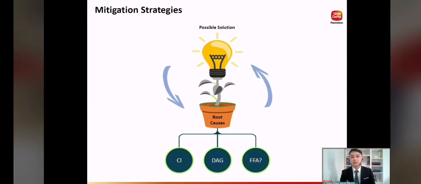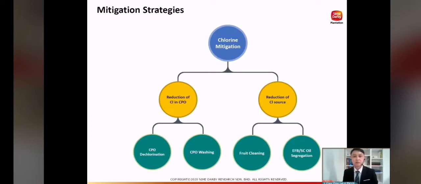To understand the mitigation strategy, first we need to understand the root cause. As we know, the precursors are the root cause of the process contaminants, which are the chlorinated compounds, acylglycerols, and potentially also FFA. From this, we can zoom in and target what we need to do as solutions.